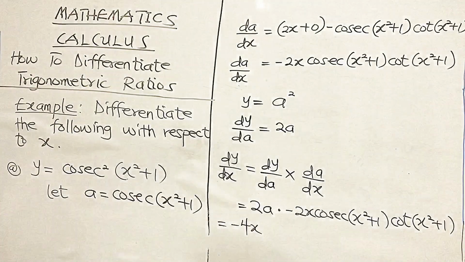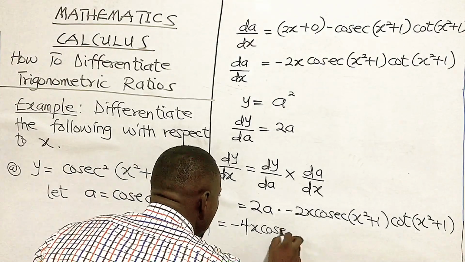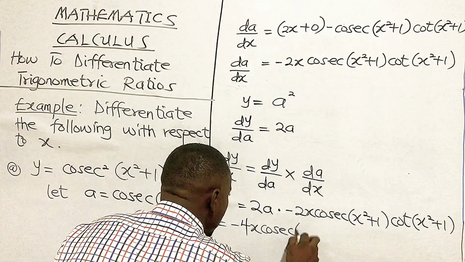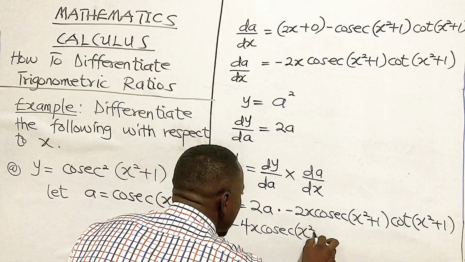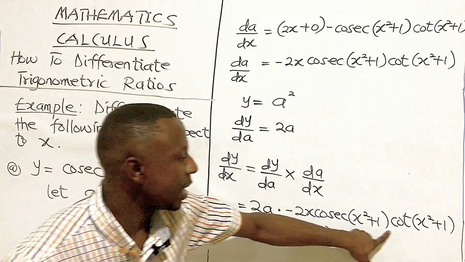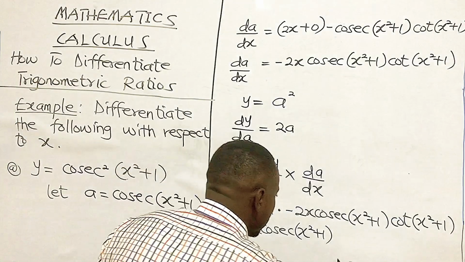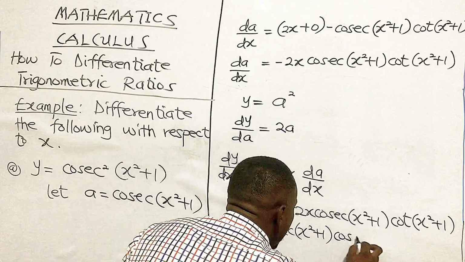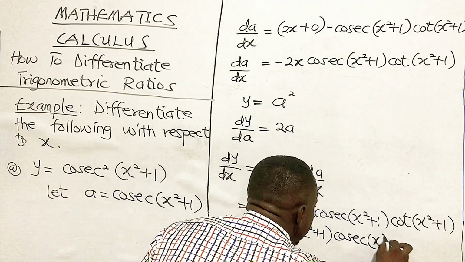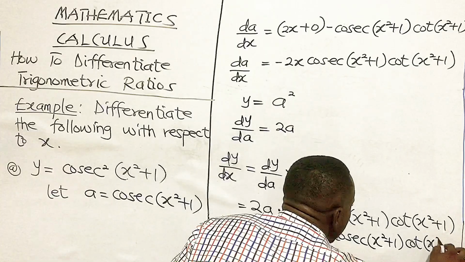So we are going to make substitution as well, which is going to be cosec of x squared plus 1. Then we still have the remaining terms here for which we are going to add up. So we have cosec x squared plus 1, then cot x squared.